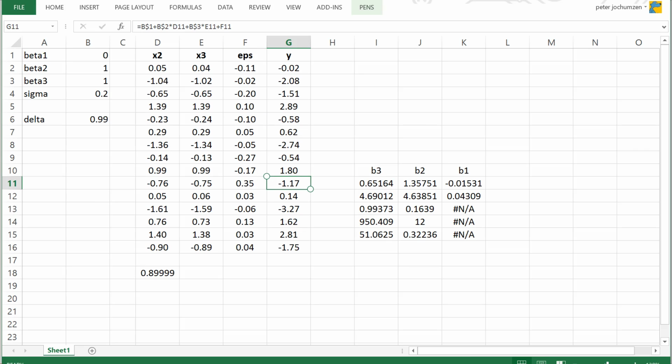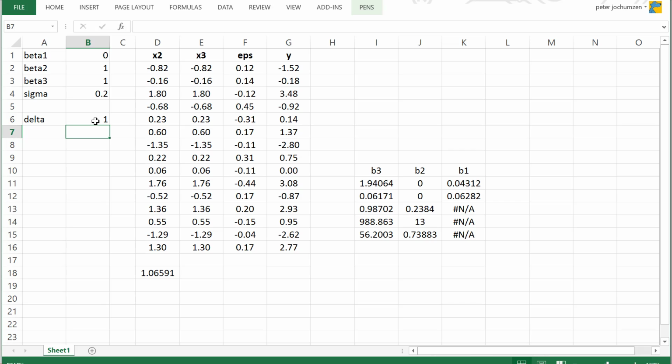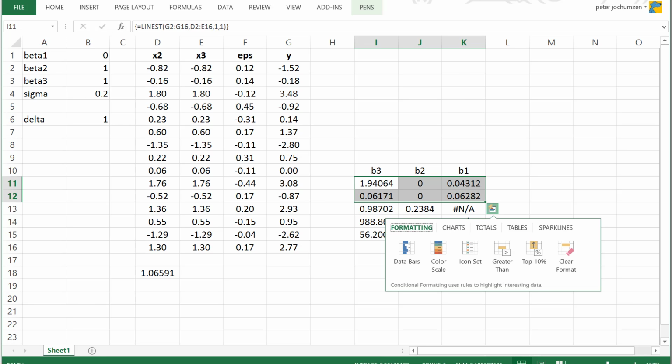So if I change this now to 1, what I'm saying is that OLS can now not be calculated. And it seems like what I'm saying is not true because, as you can see, Excel has actually done it. Well, in fact, it hasn't. It's just being overly clever here.